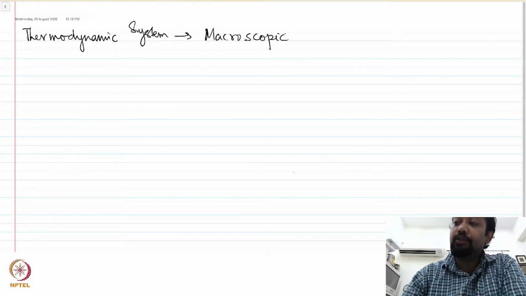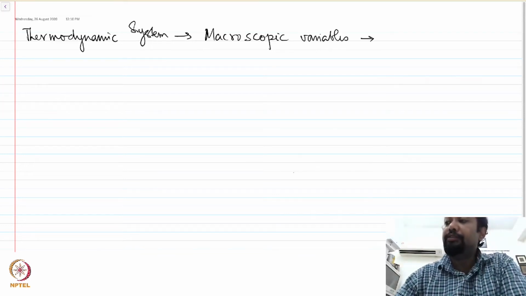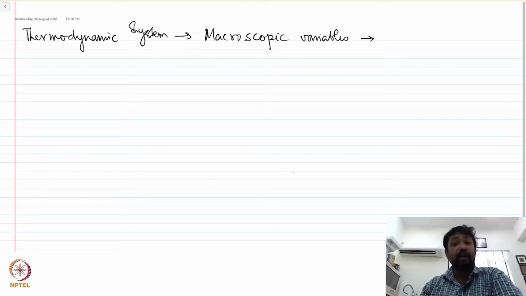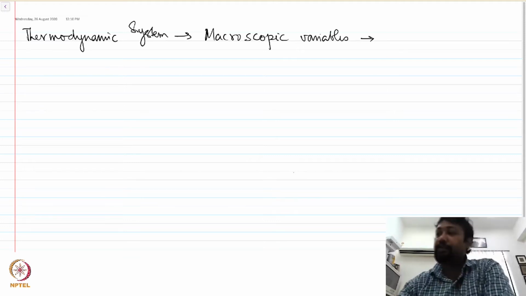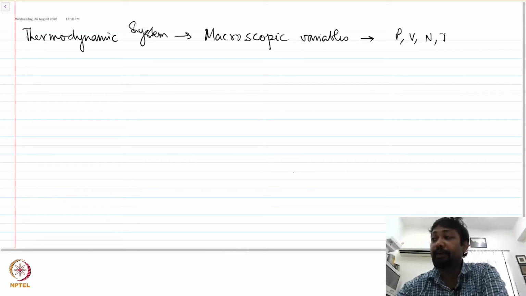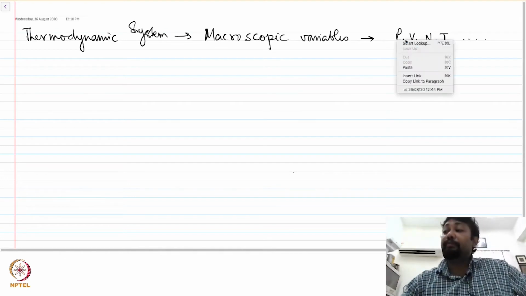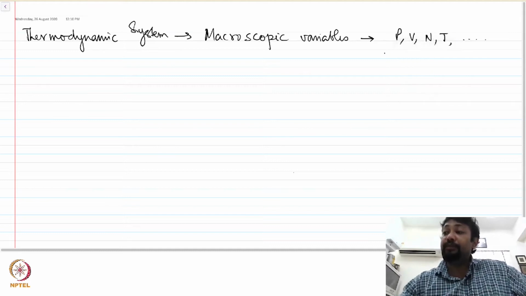And we just saw what these variables are for a hydrostatic system. A hydrostatic system is a system which is typically a fluid or a gas. I mean, the general term is fluid. It's either a liquid or a gas. For a hydrostatic system the variables are pressure, volume, particle number, temperature, and so on and so forth. It can be a different system, but we always describe it with a set of macroscopic variables.